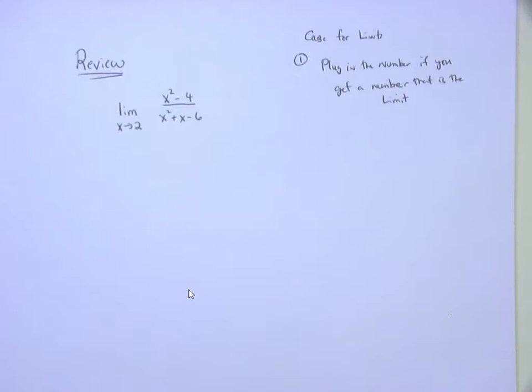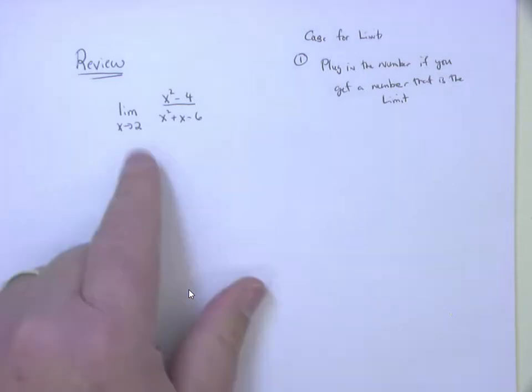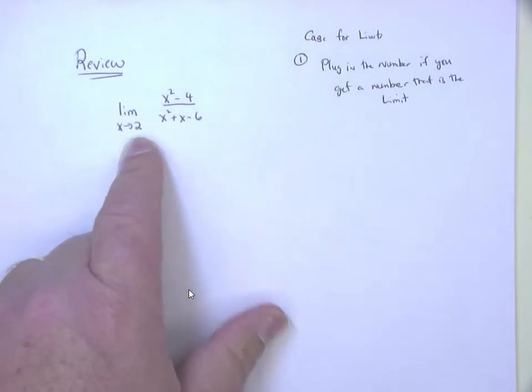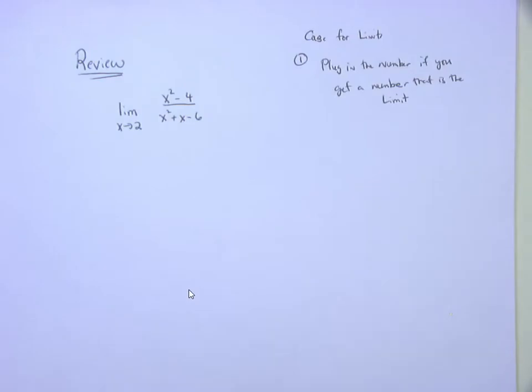It's called the substitution method, fancy in the book, but you basically plug in a number. If you get a number, you're done. That meant you actually had a function that had no problems, so there's no real issues with actually taking the limit. The idea behind a limit is that I'm going to get very, very close to a number without actually being that number. But if the function has no problem, you're going to go ahead and be that number, and it's going to be the same answer.